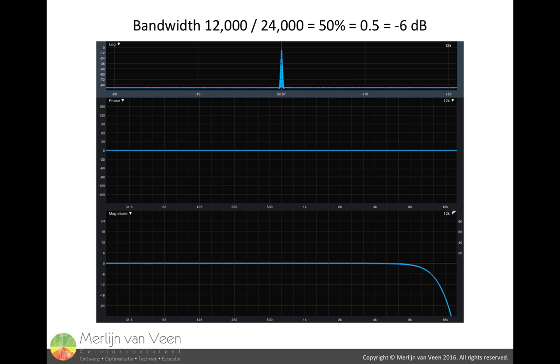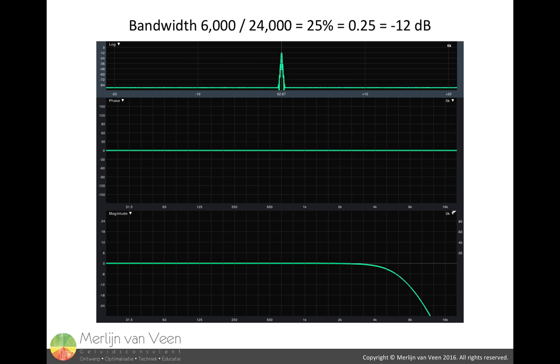If we lower the corner frequency by another octave, we see again a 50% reduction, leaving us with 25% or minus 12 decibels on a logarithmic scale.